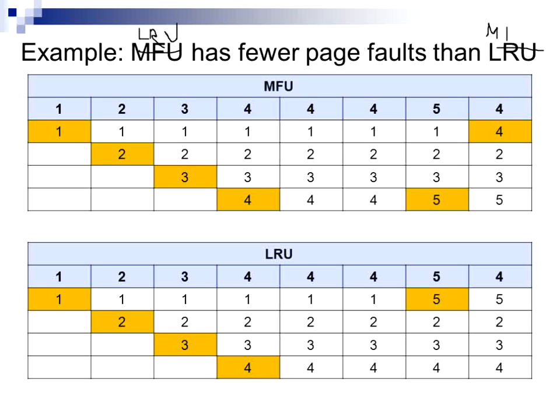Okay, so here was just another example, and this is a more realistic example of how this will work. And I'll get to your question in a minute, Hala. Here, we're accessing 1, 2, 3, 4, 4, 4, 5, and 4.